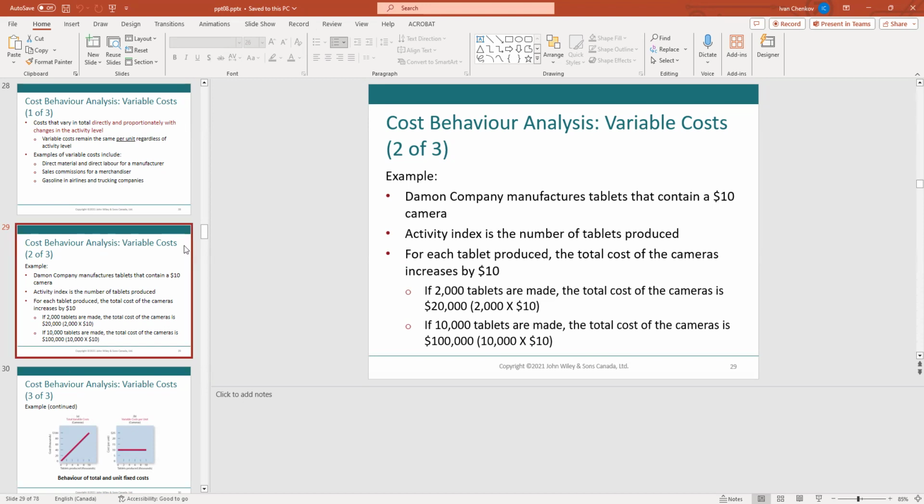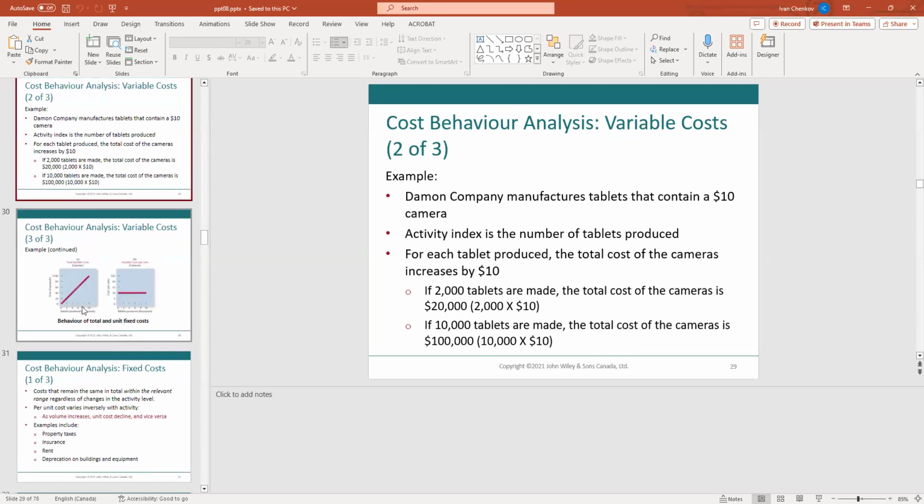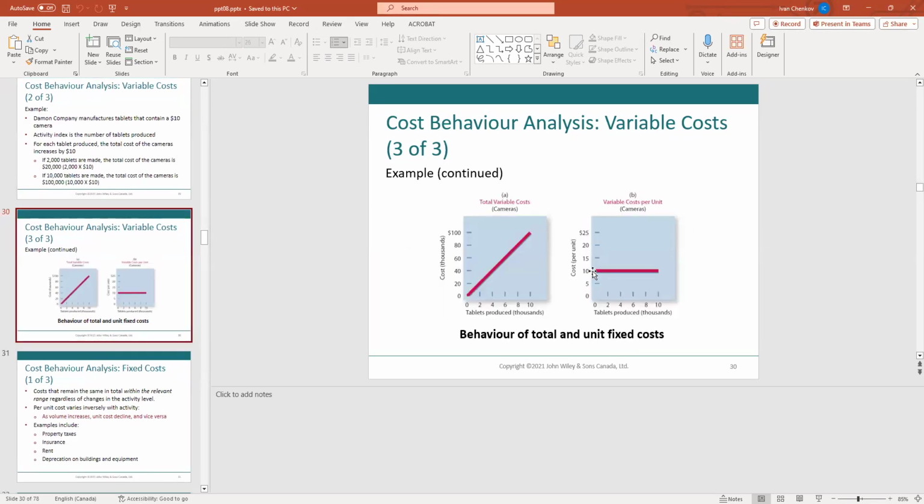So if you produce 2,000 tablets, the cost for the cameras will be $20,000. If you produce 10,000 tablets, the cost will be $100,000. But for each camera, we always pay only $10. So the variable cost per unit stays the same, $10, but the total variable cost goes up. The more we use, the more we have to pay. The more units we produce, the more cost we have to pay.